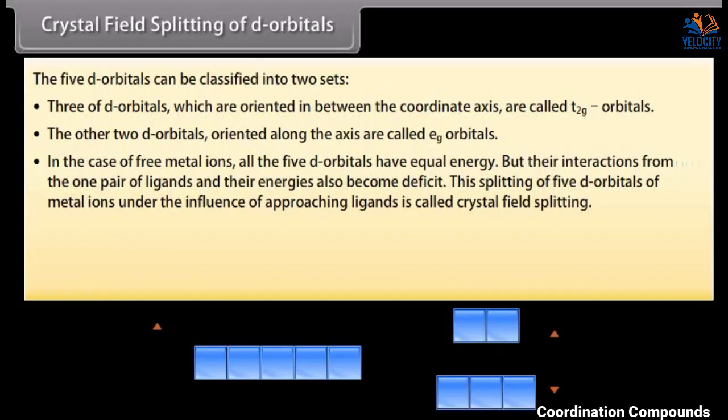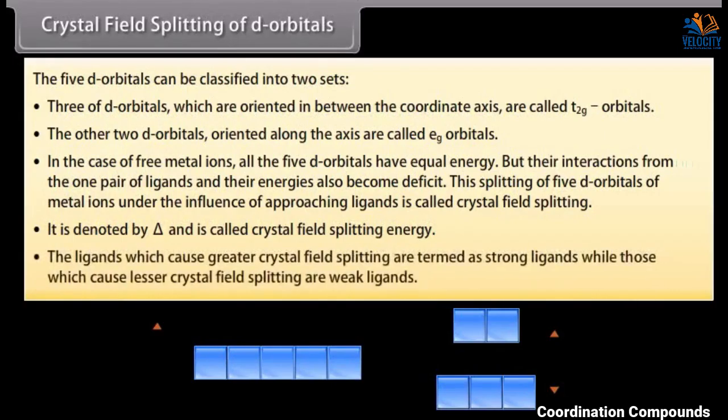This splitting of 5 d orbitals of metal ions under the influence of approaching ligands is called crystal field splitting. It is denoted by delta and is called crystal field splitting energy. The ligands which cause greater crystal field splitting are termed strong ligands, while those which cause lesser crystal field splitting are weak ligands.